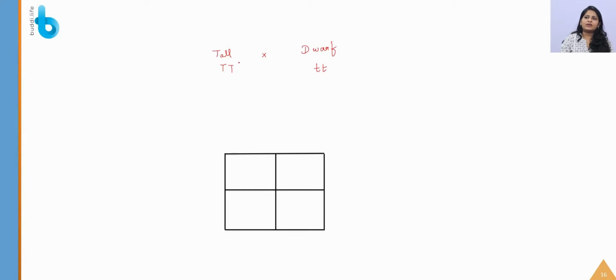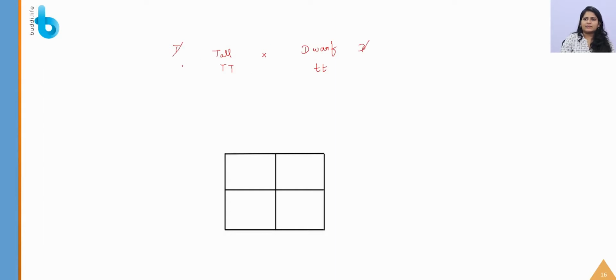We will learn why capital T and small t are taken, which is because of the dominant character. This will be studied under the law of dominance. Because of the dominant character of T, it is taken as capital, and because of the recessive character of small t, it is taken as smaller. We are using the same alphabet in capital and small instead of T and D, because otherwise it will be difficult to understand.